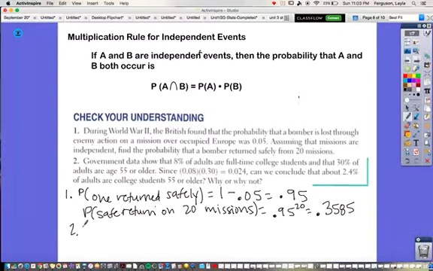Two, government data shows that 8% of adults are full-time college students and that 30% of adults are age 55 or older. Since 0.08 times 0.34 equals 0.024, we can conclude that 2.4% of adults are college students 55 or older. Why or why not?